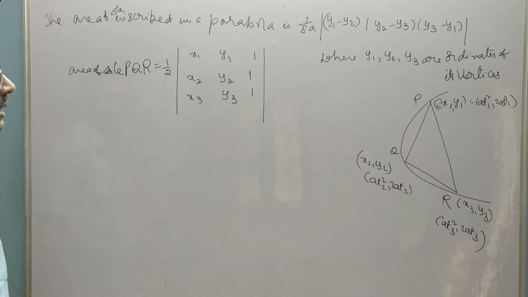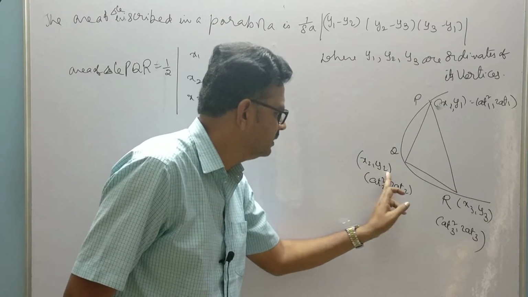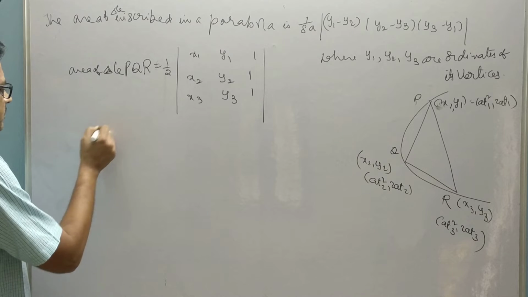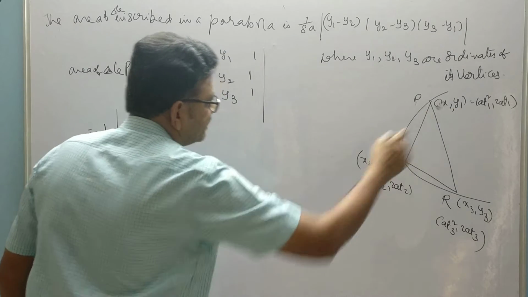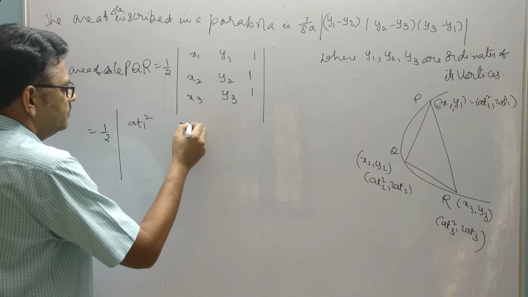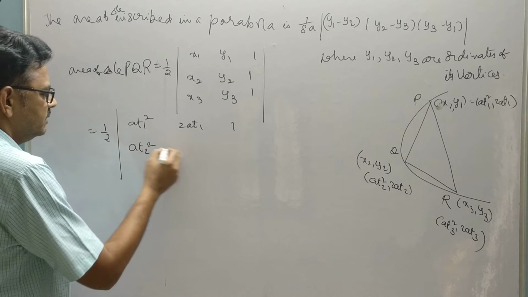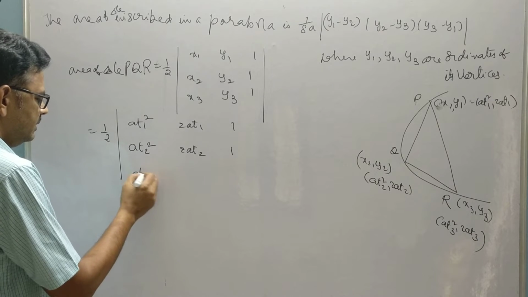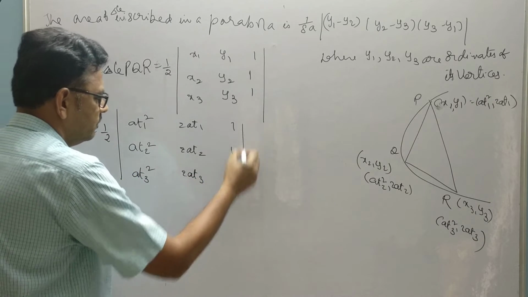You know this formula. Area of triangle formed by 3 vertices is equal to the determinant with rows a t1 square, 2a t1, 1; a t2 square, 2a t2, 1; and a t3 square, 2a t3, 1.